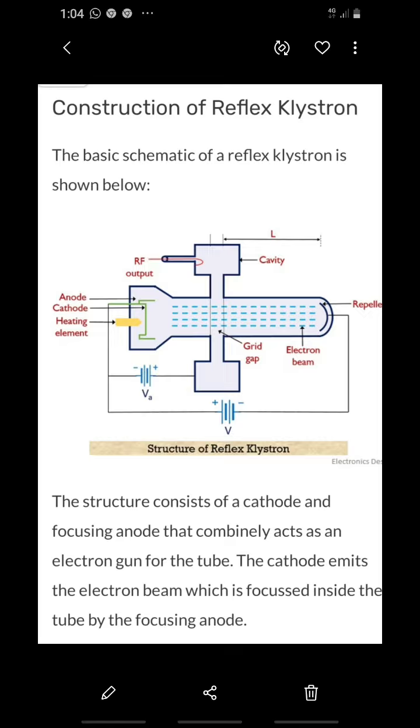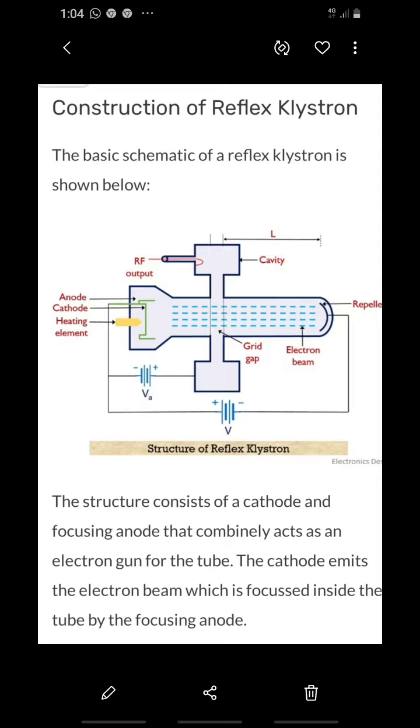Here the structure of the reflex klystron consists of a cathode and a focusing anode that combinedly act as an electron gun for the tube.